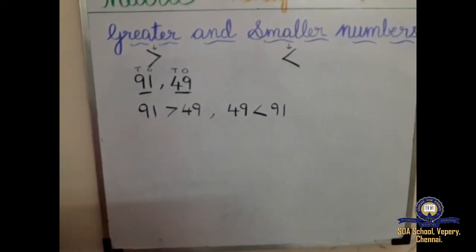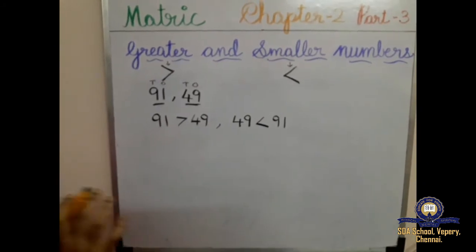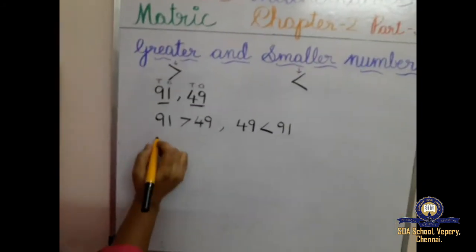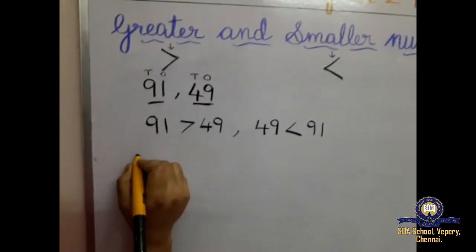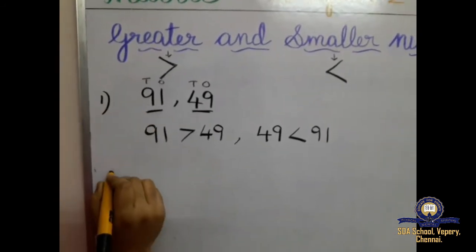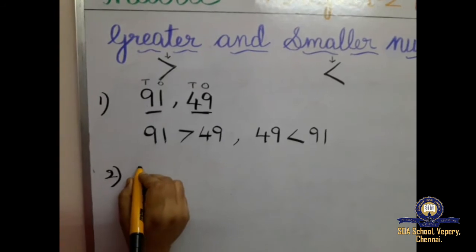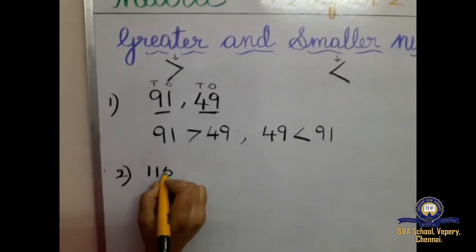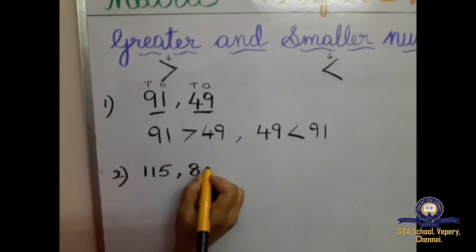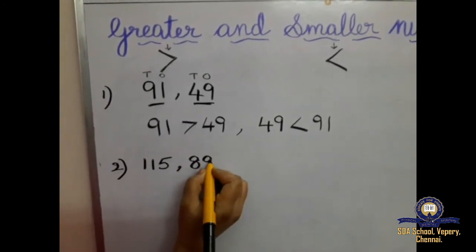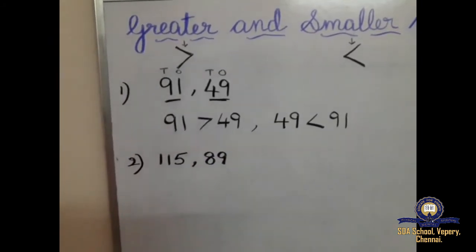Now I will give you a comparison of different digits. For example, find the greater and lesser numbers of 115 and 89. So how can we find this?